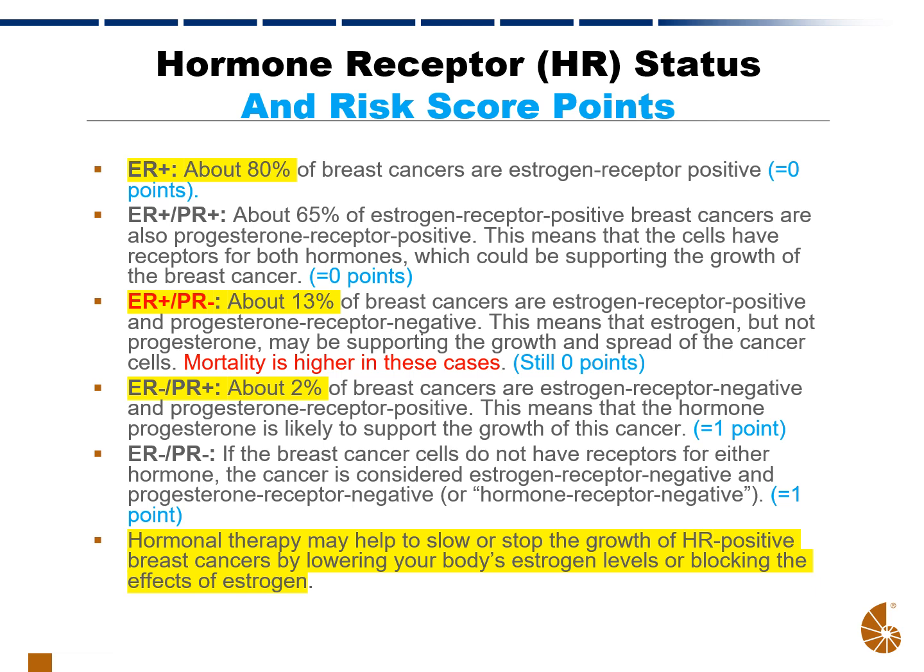If both the estrogen receptor and progesterone receptor are negative, you get a point because the estrogen receptor was negative. And then hormonal therapy may help slow or stop the growth of HR-positive breast cancers by lowering your body's estrogen levels or blocking the effects of estrogen. And we'll talk more about that.